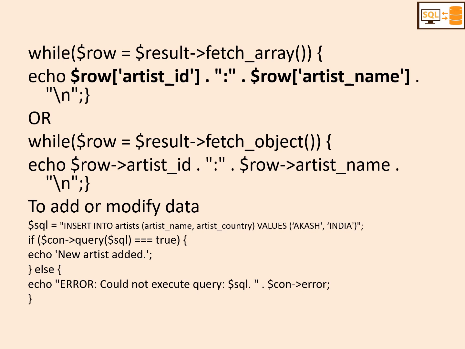If you are using fetch_object, in order to access the record-wise attributes, we have to use $row arrow artist_id, colon, $row arrow artist_name, because we are fetching the resultant value from the database in the format of an object. If you want to access the data from an object, we have to use the arrow operator. That is why it is written like this.